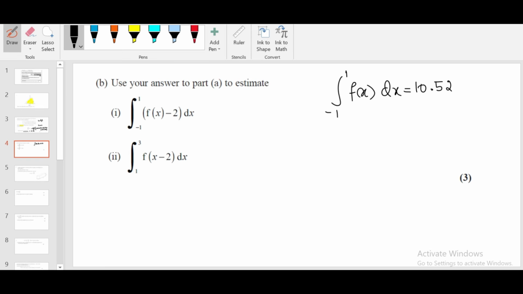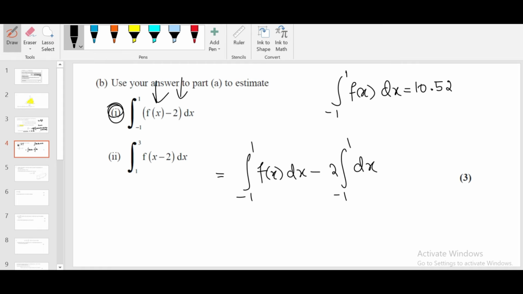For i, we can split these 2 and write it as 2 integrals: the integral from minus 1 to 1 of f of x dx minus 2 times the integral from minus 1 to 1 of dx. Or you can write it as 2 dx. It's the same thing.